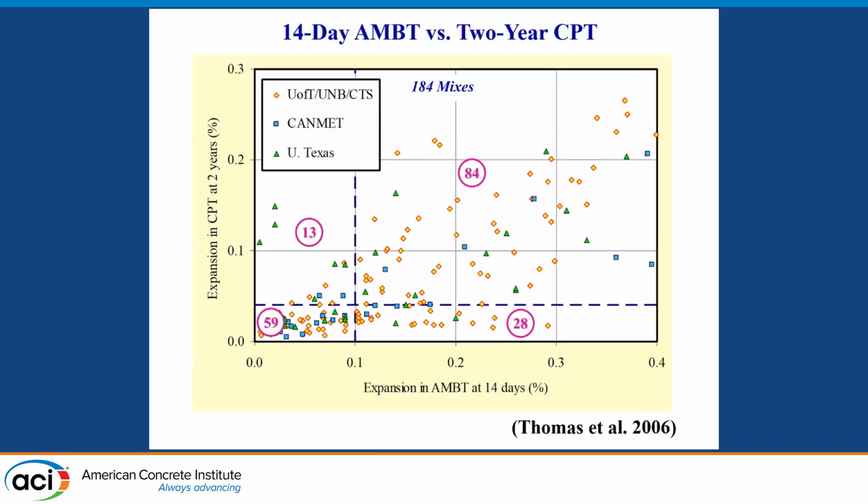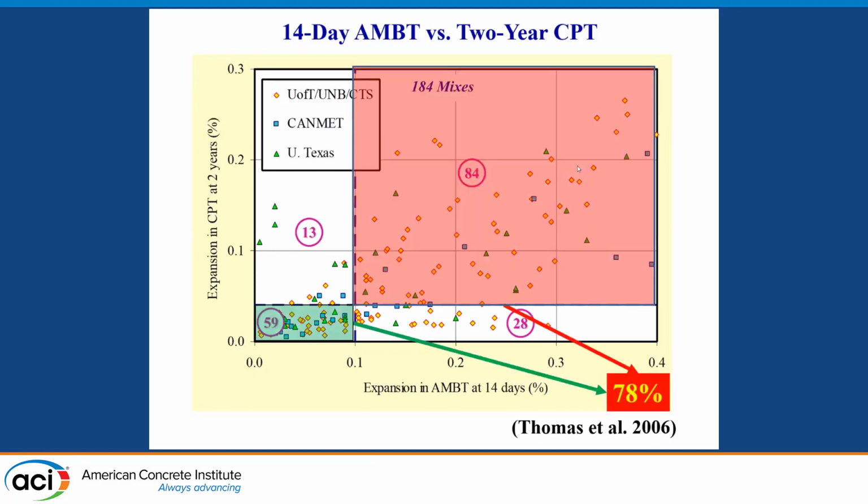So we have done a lot of compilation of data, and this paper by Mike and colleagues back in the mid 2000s compiled data from testing that was carried out in 3 labs, and as we can see, for close to 200 mixes, both tests, the concrete prism test after 2 years and the accelerated mortar bar test after 14 days, were giving similar results in about 80% of the cases.